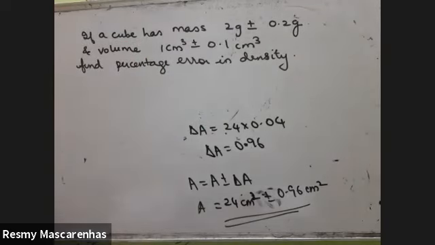Now forget about that percentage error. We just first find normal error, absolute error. That is delta A will have to calculate first. Then we'll move on to whatever they have asked.